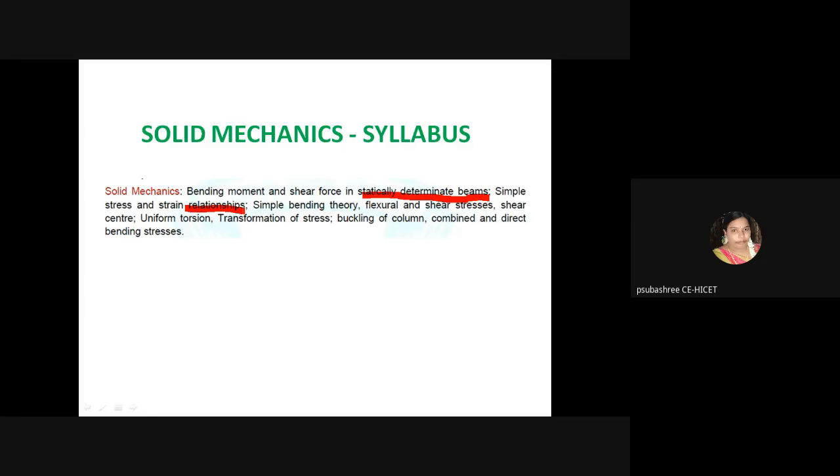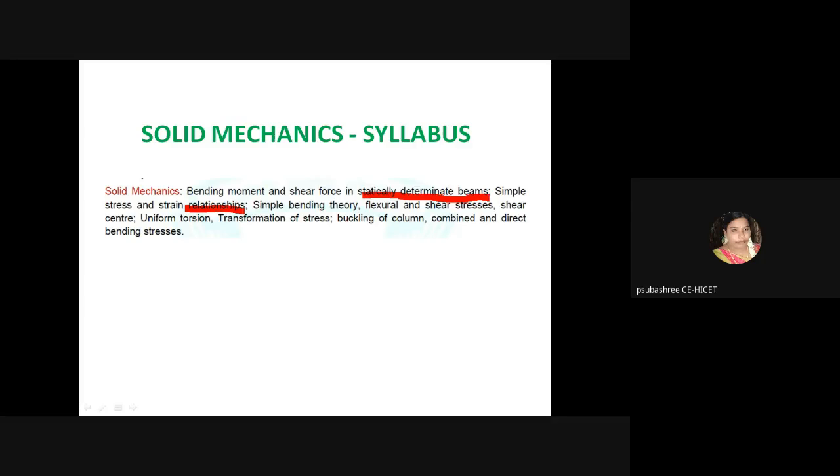The second relationship is bulk modulus, denoted by capital K. The third modulus is shear modulus, also called modulus of rigidity.